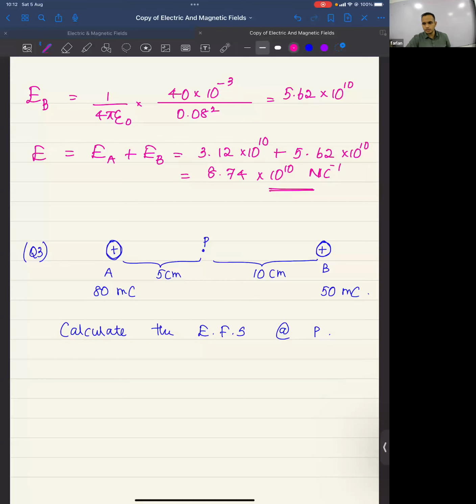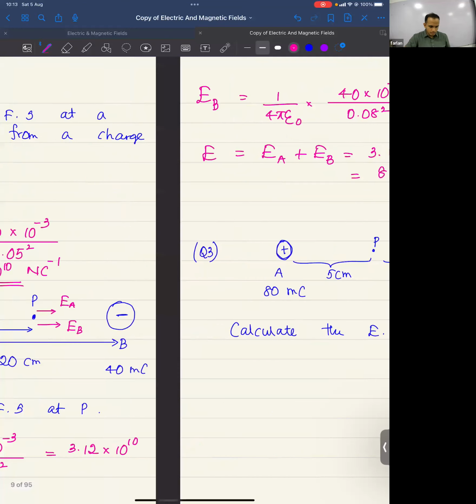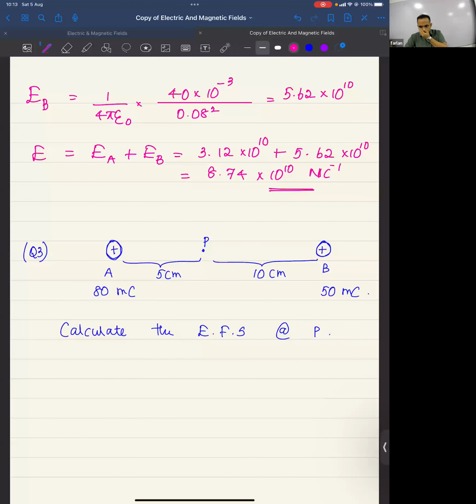Right, guys, write down the next question. There are 2 point charges A and B, but this time both are positive. A is having a charge of 80 millicoulombs.